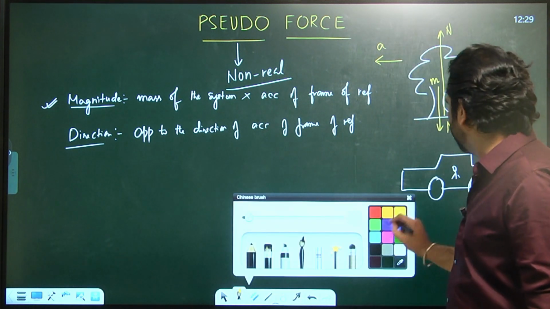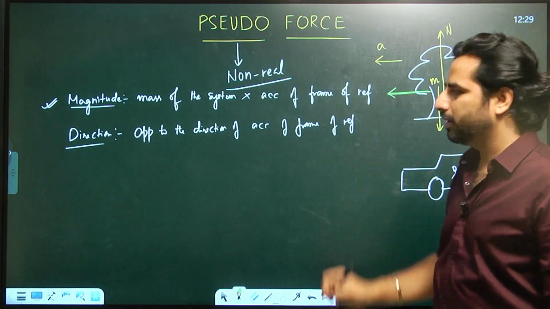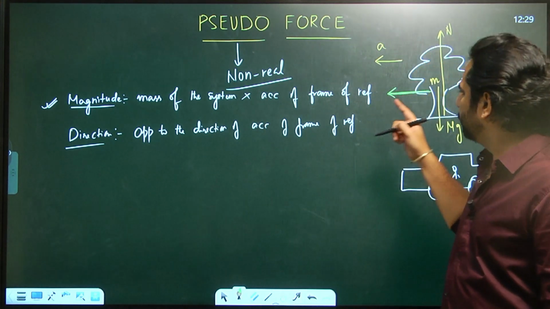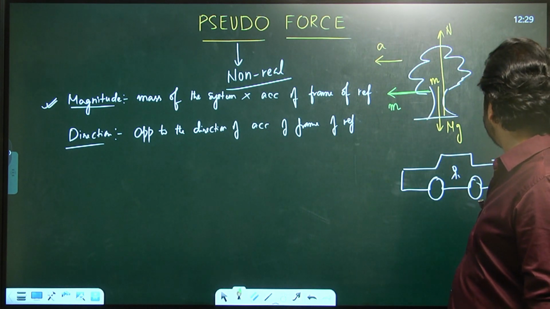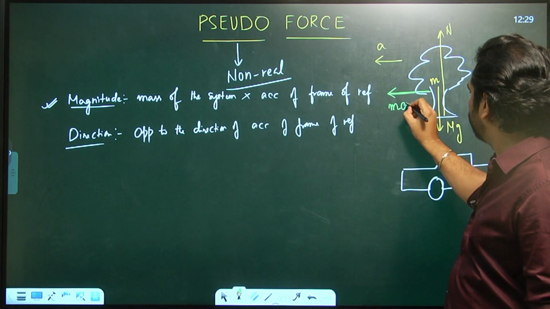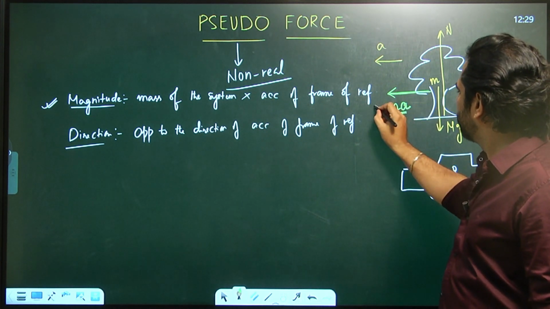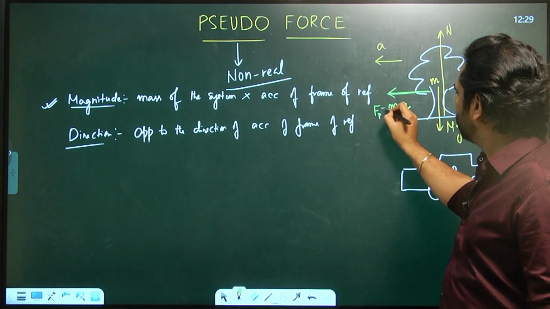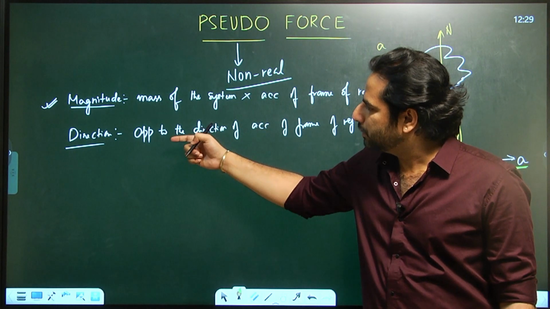So apart from these forces, I am considering the pseudo force. The pseudo force I am representing in green, whose magnitude is mass of the system into acceleration of the frame of reference. So acceleration of the frame of reference is a, so m into a. This is the pseudo force, Fp. And the second definition is the definition of the direction.